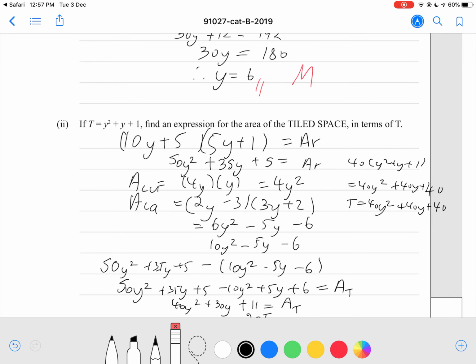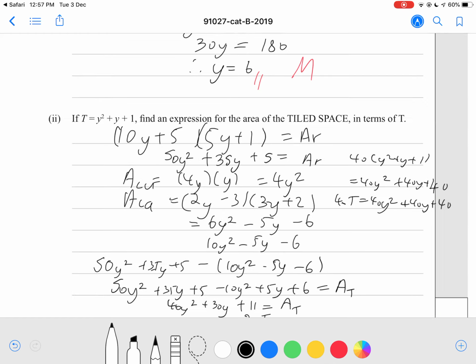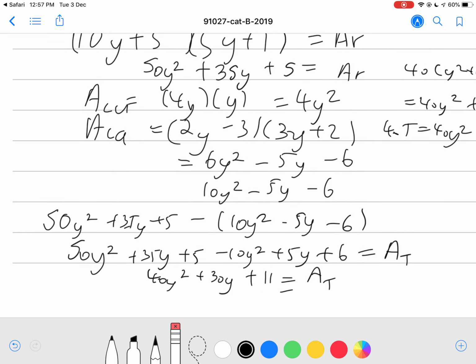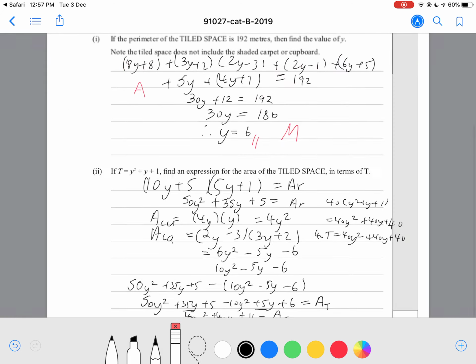Actually, this is not 20t, this is 40t, my bad. Far out. Oh, okay, I see what I did wrong. So 35y plus 5y is not 30y, it's actually 40y. Wow. Okay, this makes this a lot easier.